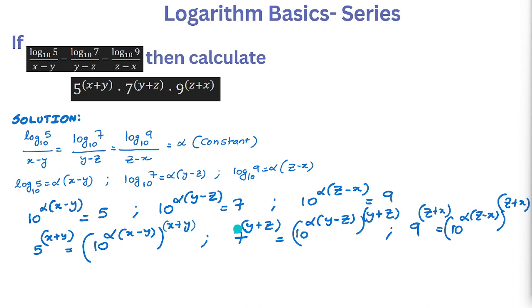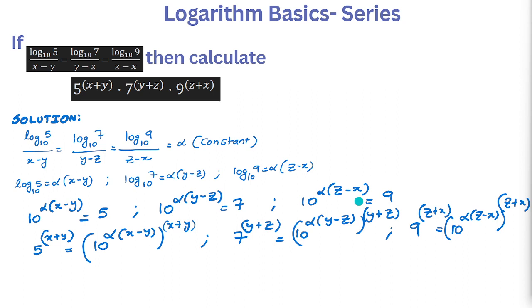For this example, the conjugate of this value is not x plus y, it's y plus z. So we put both sides to the power of y plus z. That would be 7 to the power of y plus z equals 10 to the power of alpha times y minus z, all to the power of y plus z.